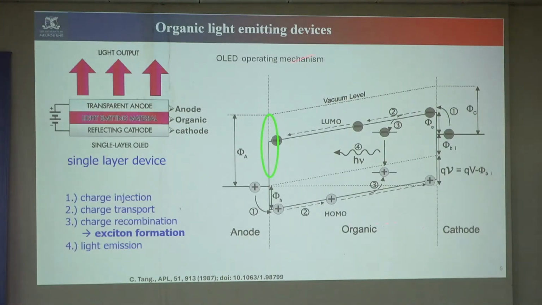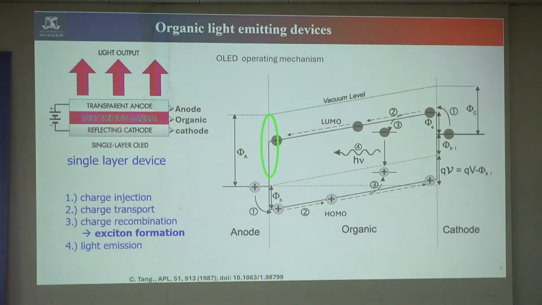For hole injection, we need to make this barrier as small as possible, and likewise for electron injection. That's why we use an interface layer in both cases. When they travel through and meet at the junction, the electron and hole come together and form an exciton.